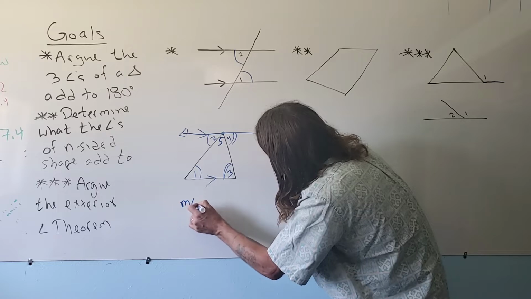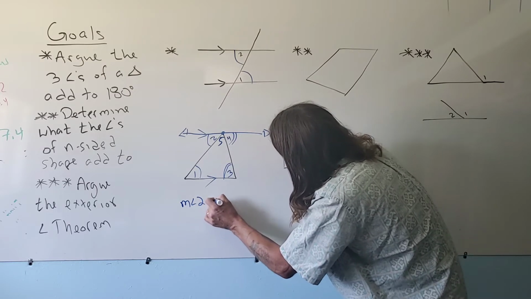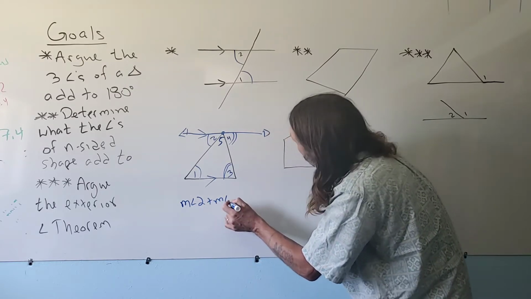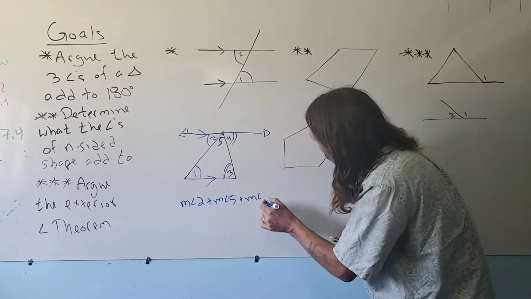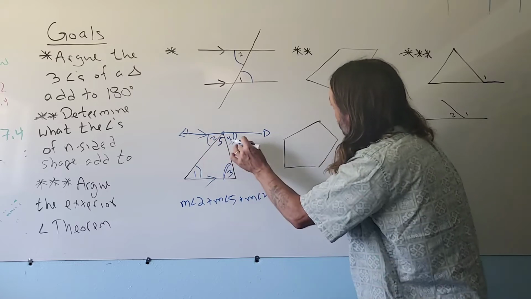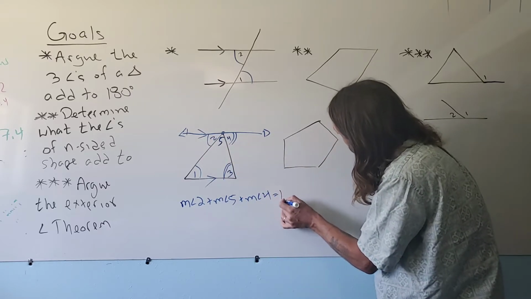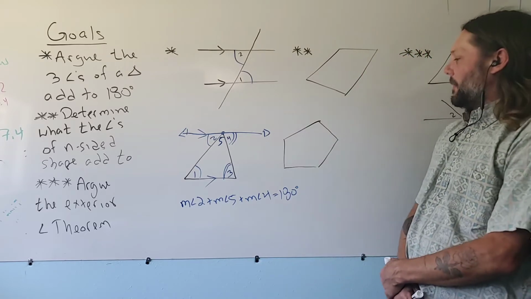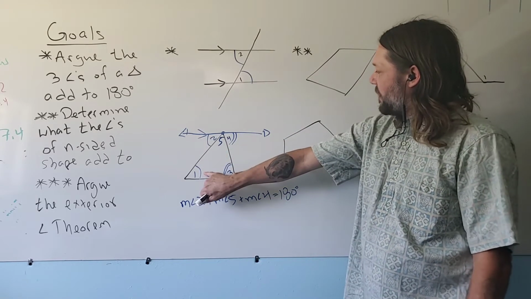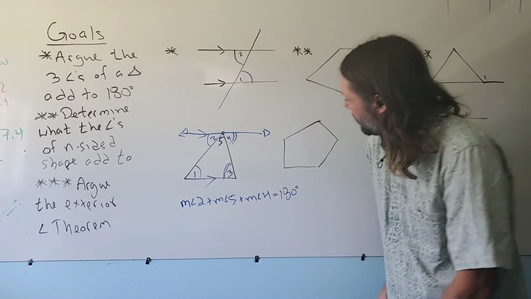The measure of angle 2 plus the measure of angle 5 plus the measure of angle 4. And again, all three of these angles make a straight line, so we're going to say they add up to 180 degrees. Now, angle 2 is the same as angle 1, so I'm going to replace angle 2 with angle 1.